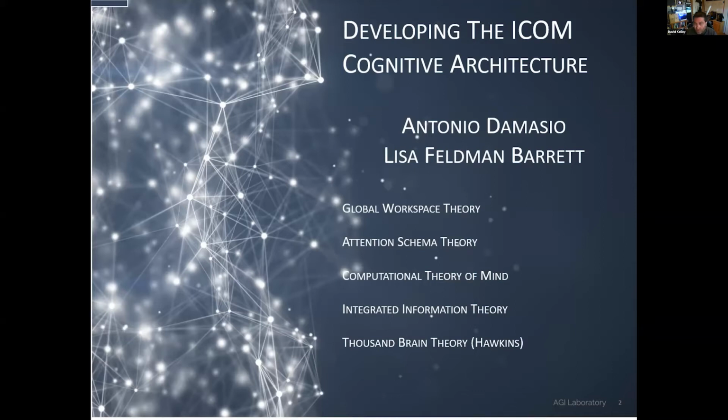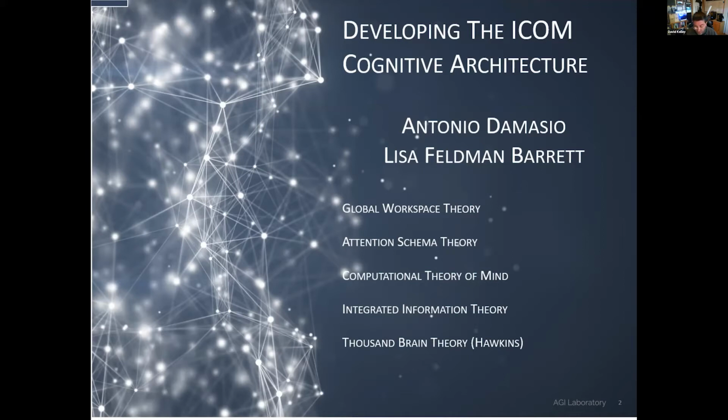I'll mention it later on in the discussion, but that led to pulling things from a number of theories to come up with ICOM, including global workspace theory, which also comes out of Damasio's work to some degree, attention schema theory, integrated information theory, the computational theory of mind, and Jeff Hawkins' thousand brains theory.